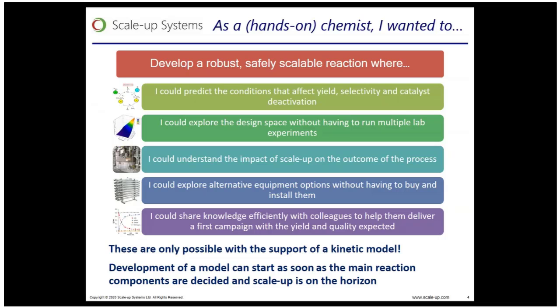If you know what reagents you're going to use, ideally what solvent or solvents you're looking to use, and the catalyst that you're going to use, that's the right time to start modeling. And I think the other key trigger for kinetic modeling is, as my colleague Wilfried Hoffman put it, when scale up is on the horizon, when you're starting to think about the closing timeline to scale up your process.